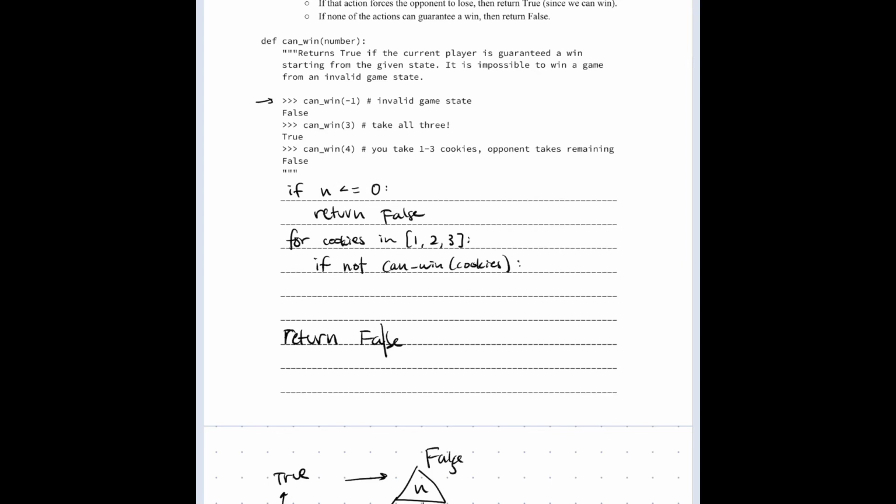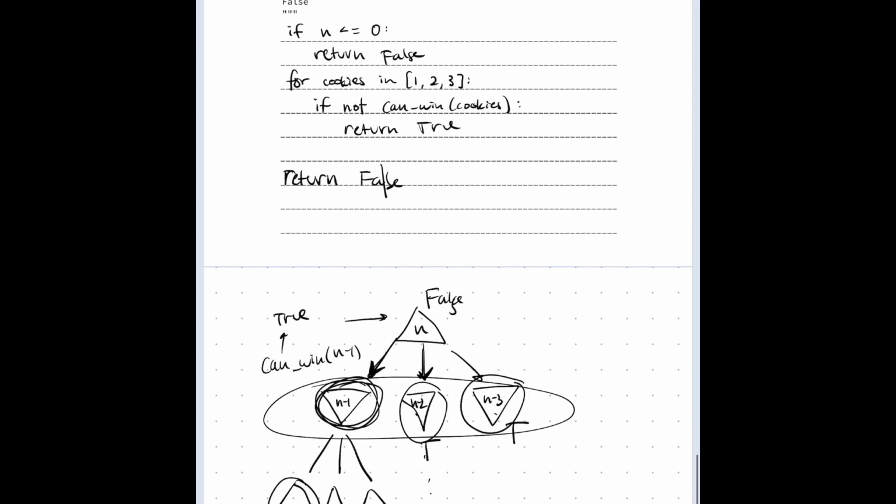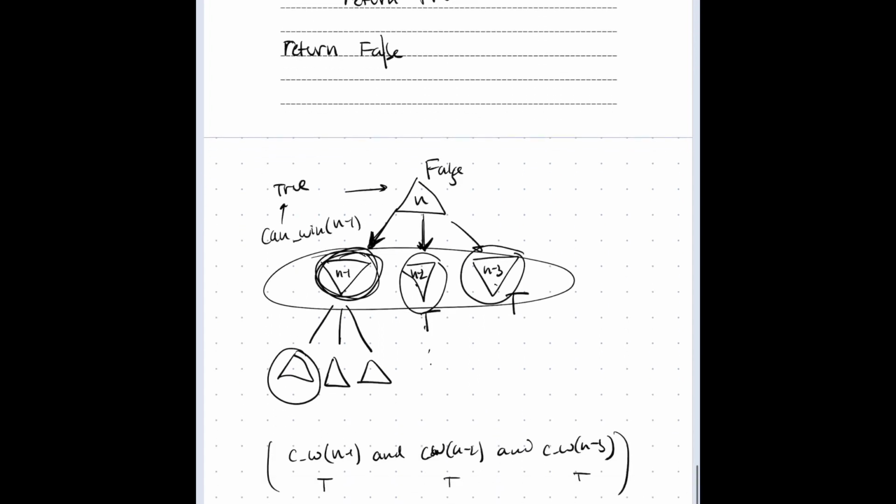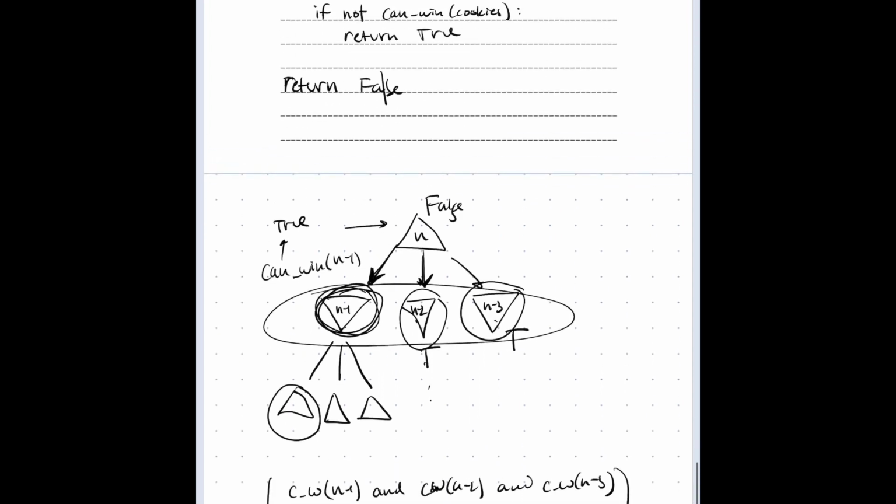But if any of these are false, so if my friend at any of these positions can't win, then I know that I can win, right? And this also works. This logic is kind of a leap of faith because I have to believe that at every layer it's going to work. So once I go down a layer, my friend's also going to be calling this.